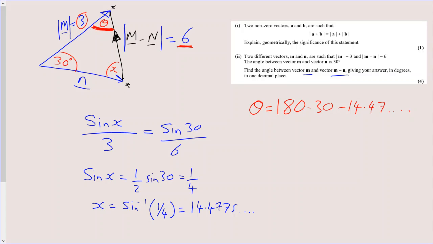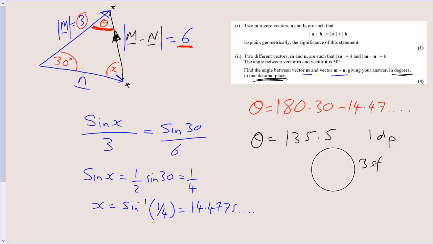And that's going to give me 135.5 to 1 decimal place, or 136 to 3 significant figures. And the question wants it in 1 decimal place, so we'll rub that out there. Okay.